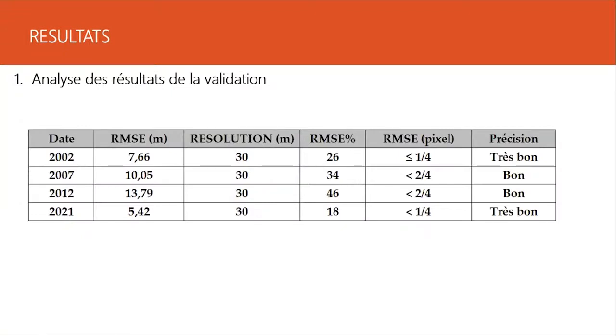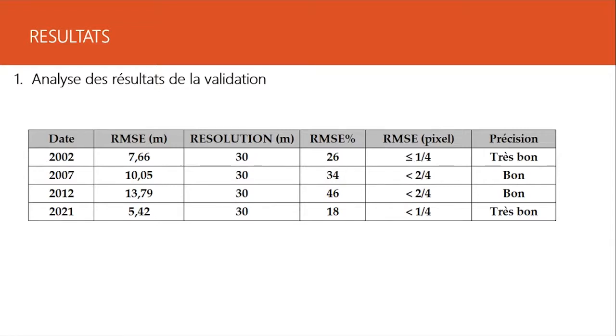And if we try to compare using the mean root mean square error, we could see for 2002 the average RMSE was 7.65. That's approximately 1/4 pixel of the used imagery, and that was a good result, with precision.